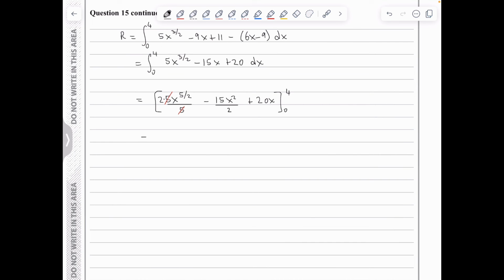So this is 2 times 4 to the 5 over 2 minus 15 times 4 squared over 2 plus 20 times 4. And if we substitute the lower limit, this is simply going to contribute 0. Plug everything into the calculator, you get 24 as required.